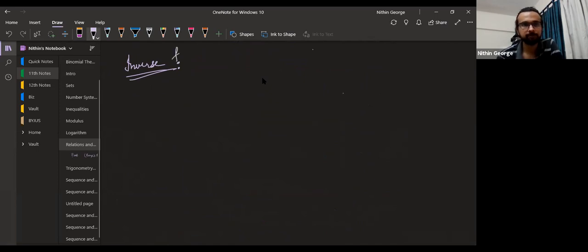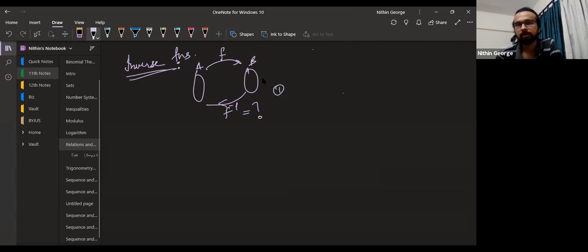There's a set A and a set B, where A is the domain and B is the codomain, and you define a function f. For f inverse to be defined, what are the conditions? f should be 1-1 and onto. Did I not mention this before?